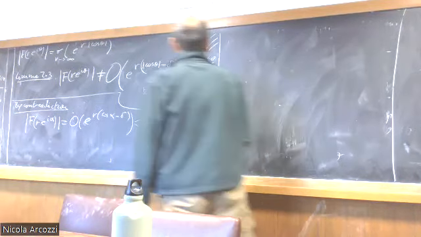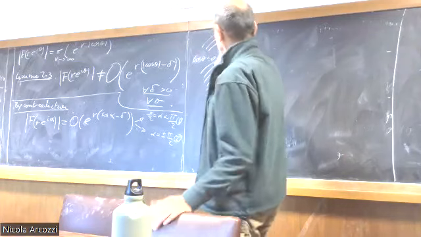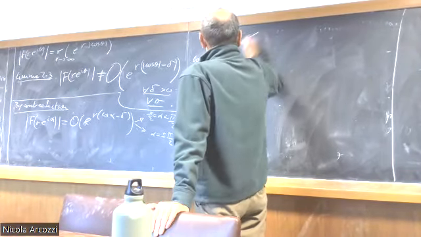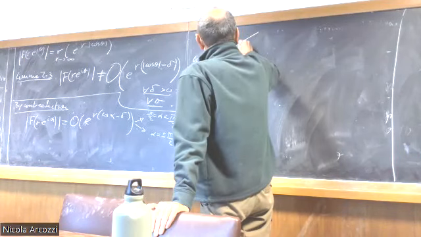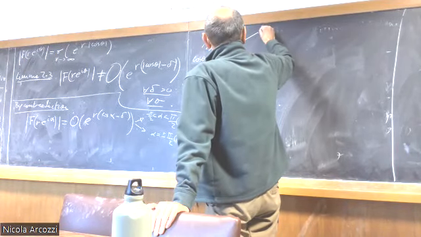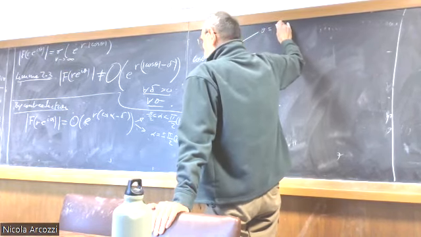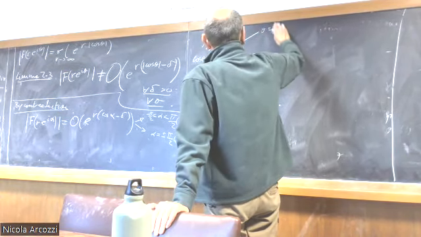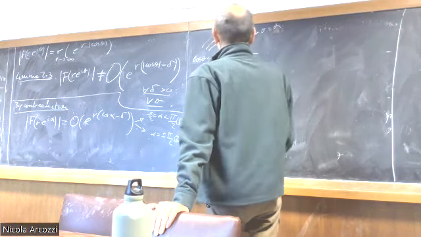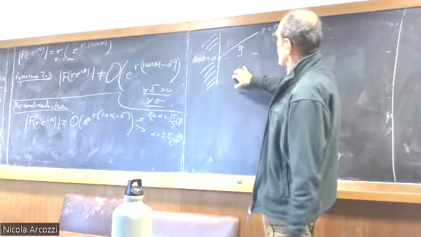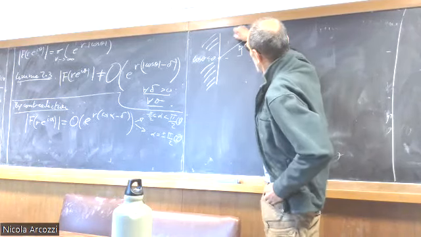But we do an estimate for cosine of theta equal to 0. Then we do an estimate for theta equal to alpha over there, and then we do the Mittag-Leffler theorem here.